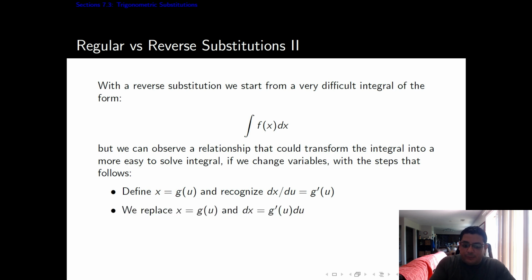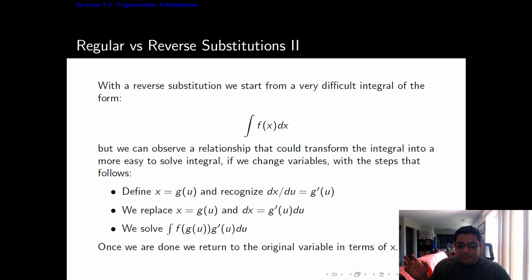Hence we can replace dx with g prime of u du. Notice that is the reverse of what we were doing before. At the end, we're going to end up with a formula in terms of u, but it's a chain rule situation again. Once we are able to solve it, we can return to the original variable in terms of x.